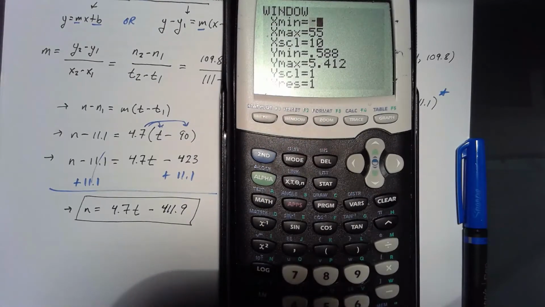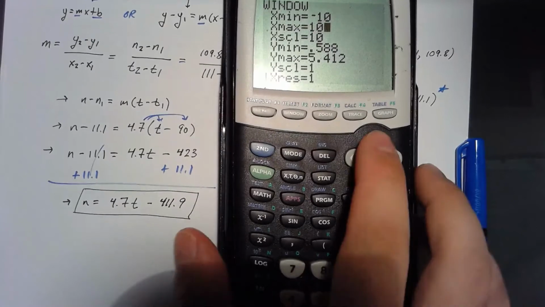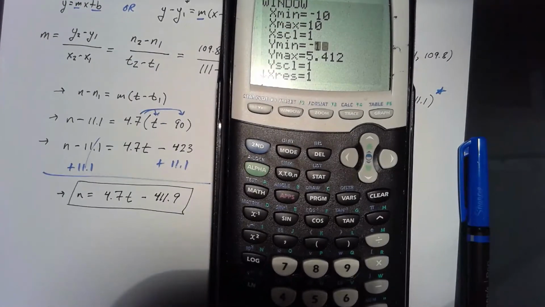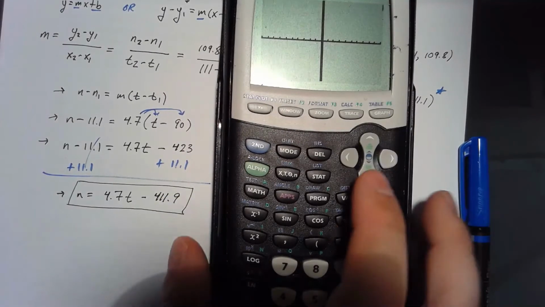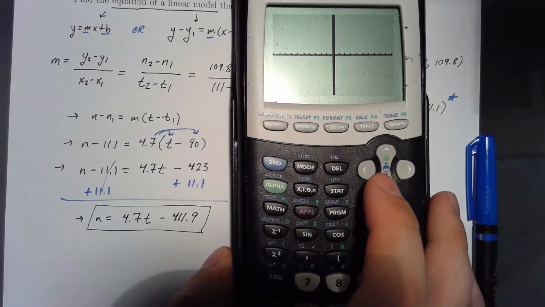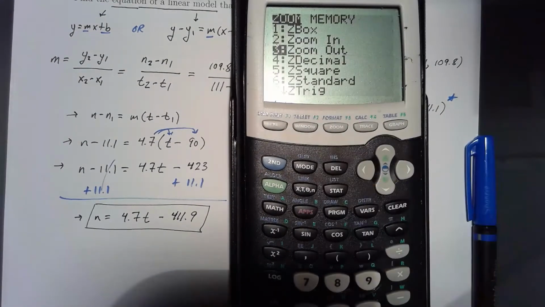Let me do from -10 to 10, increments of 1. Let me do -100, 100. See if that looks any better. Zoom out a little bit.